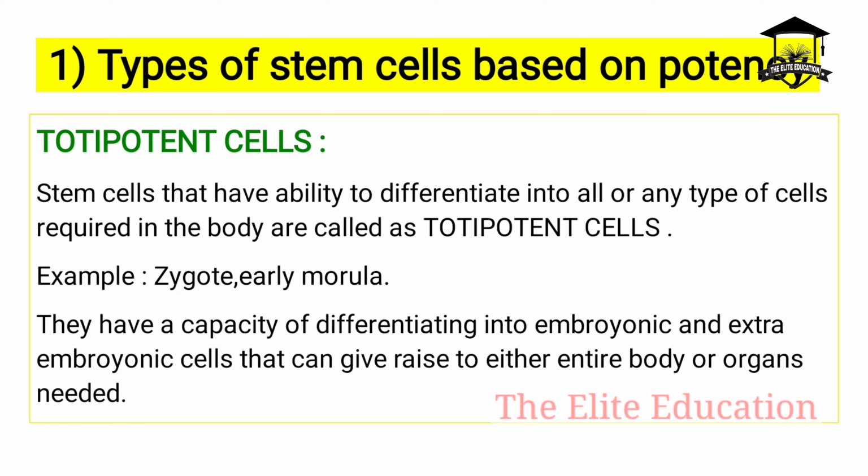First one is totipotent cells. Stem cells that have the ability to differentiate into all or any type of cells required in the body are called totipotent cells. So these were those super powerful stem cells that I was talking about, that even a single cell, when taken out, can give rise to an entire body, into any type of cell, any type of organs.